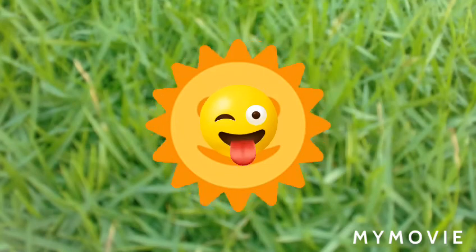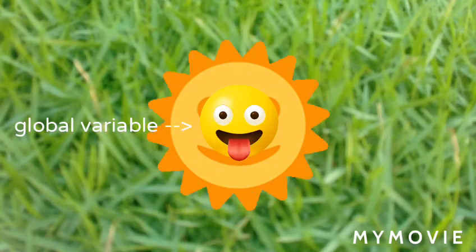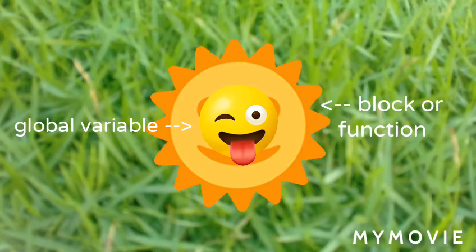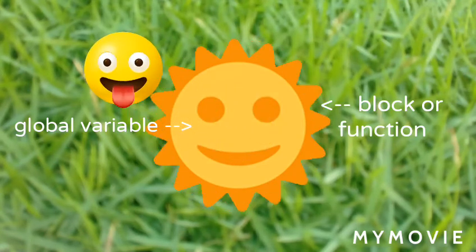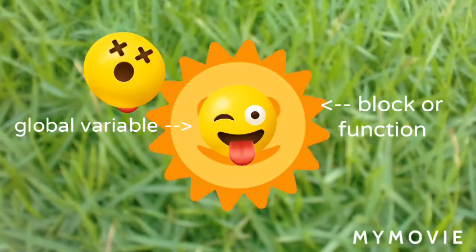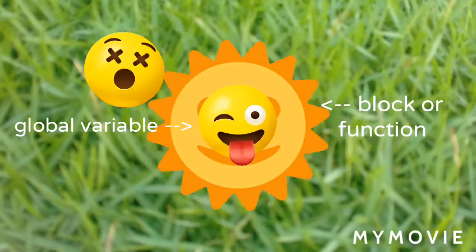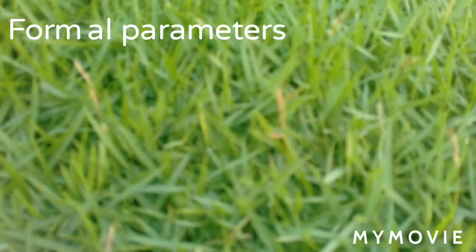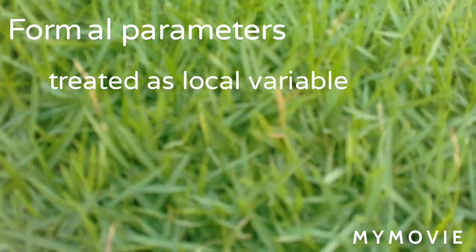Nathan or Jenny is the global variable and your house is a function. Though the global Nathan and Jenny can't enter your house for some reason. Now let's go with formal parameters. A variable in the function signature is treated as a local variable.